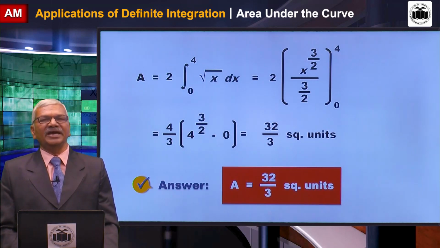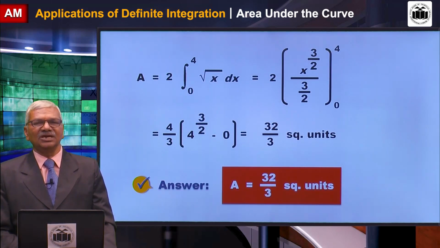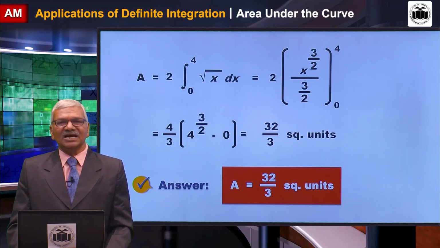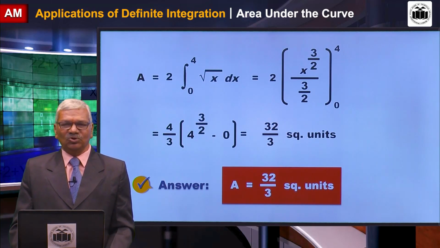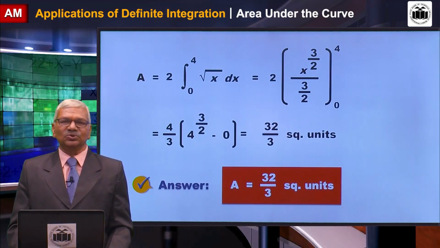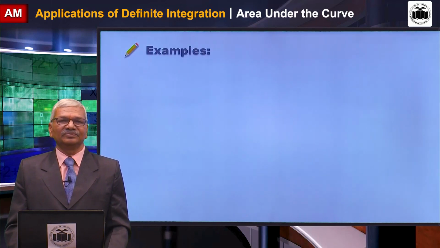So what is the area under this curve? It is 32 by 3 square units. Understood? In this example, you got the knowledge of curve tracing, that is parabola, y squared equals 4x. Let us go to the next example.